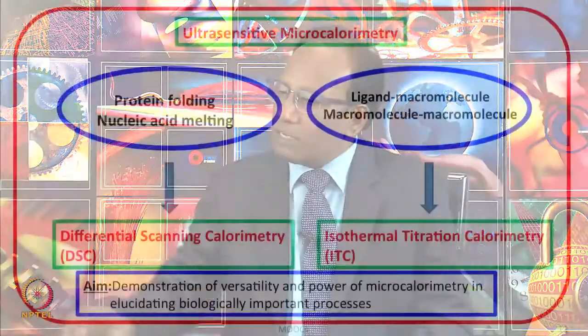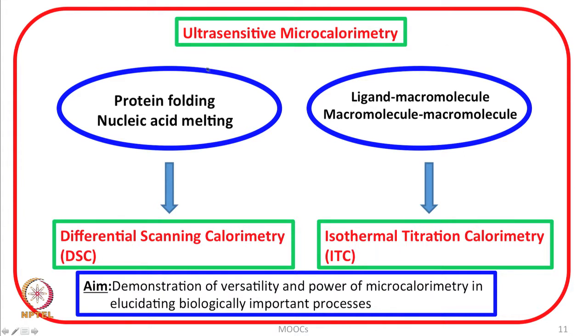At length we discussed ultrasensitive microcalorimetry and its use in protein folding and nucleic acid melting, where differential scanning calorimetry has played an important role, and ligand macromolecule interactions, which we discussed with the use of isothermal titration calorimetry.